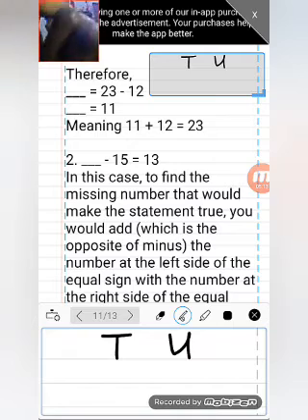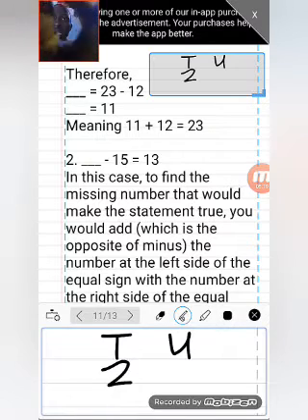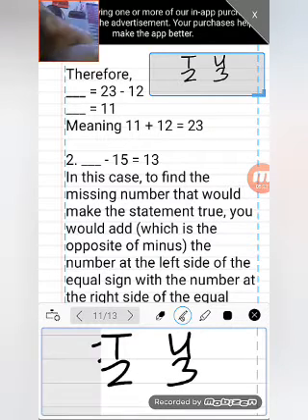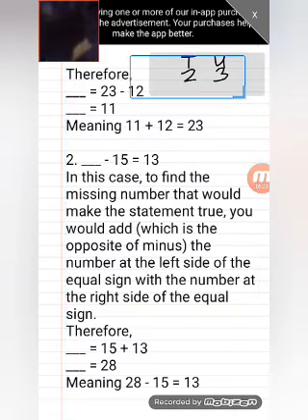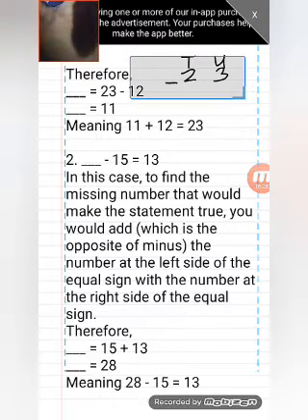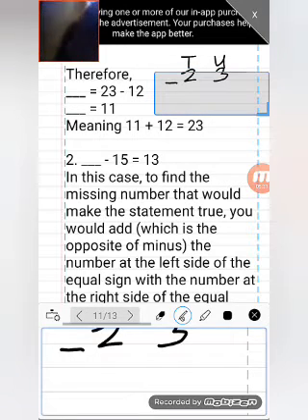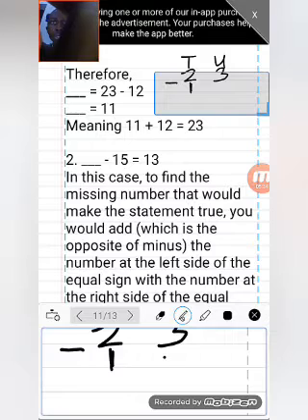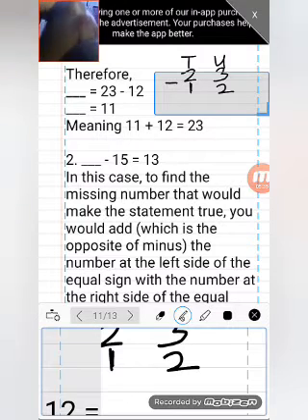Then the bigger number, because we are doing minus, is at the top, so we write the 2 for the tens, then the 3 for the unit. Then you put your sign, minus 12. That's 1, then 2 at the unit here.